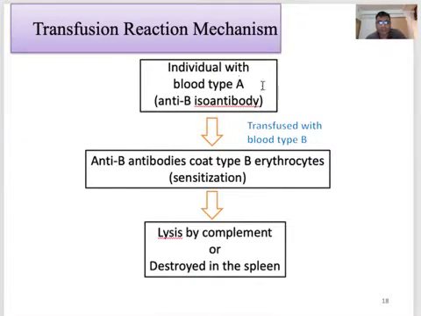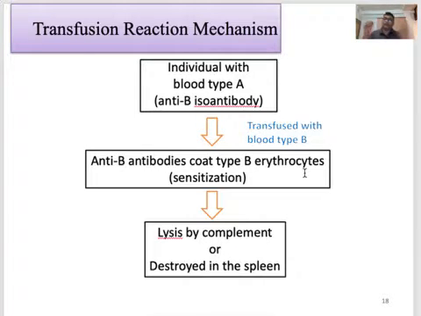Suppose an individual with blood type A. If he has blood type A, he has anti-B antibody, right? If this person is transfused with blood type B, what will happen? The anti-B antibodies will interact with and coat type B erythrocytes.